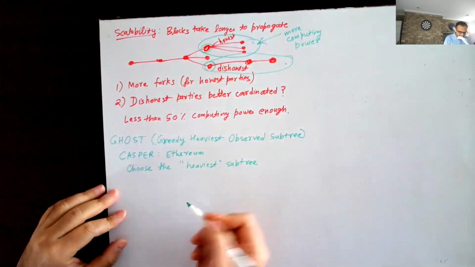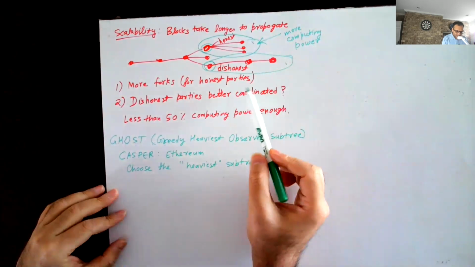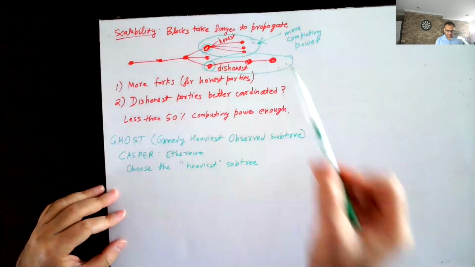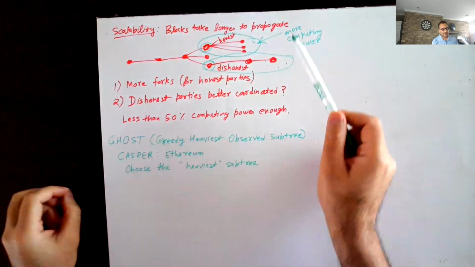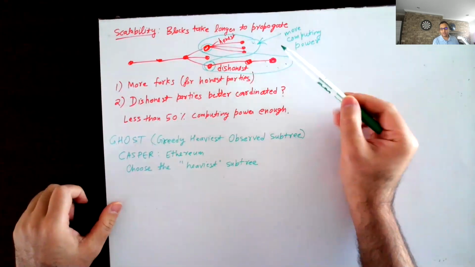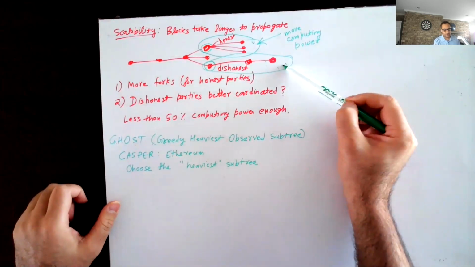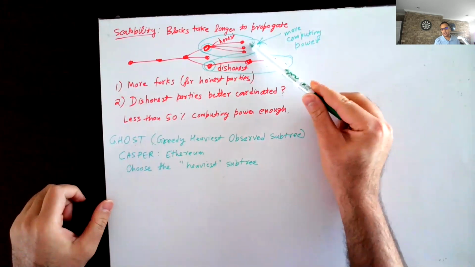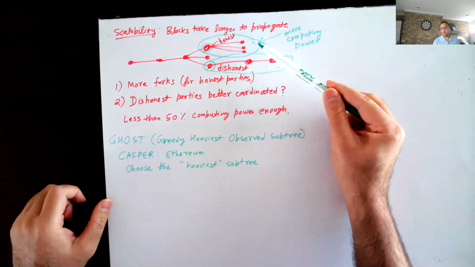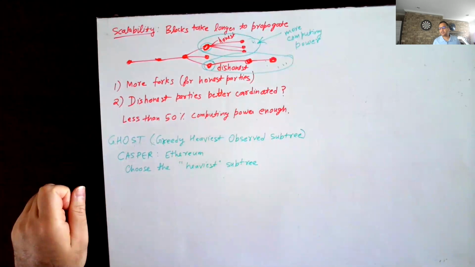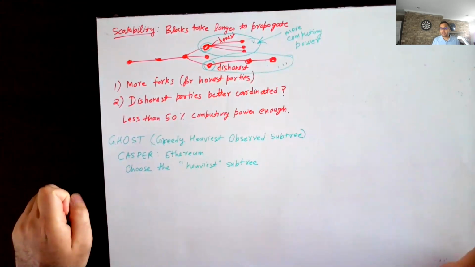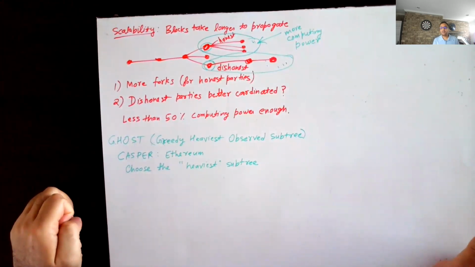So the idea is that, let's say there are two competing subtrees. You just look at the number of nodes here versus the number of nodes here, and you count all the nodes, even in the forks. Whichever has the maximum number of nodes shows the maximum amount of computation, and that's what you select.